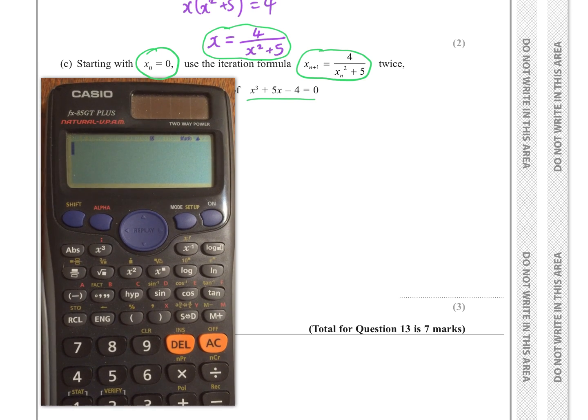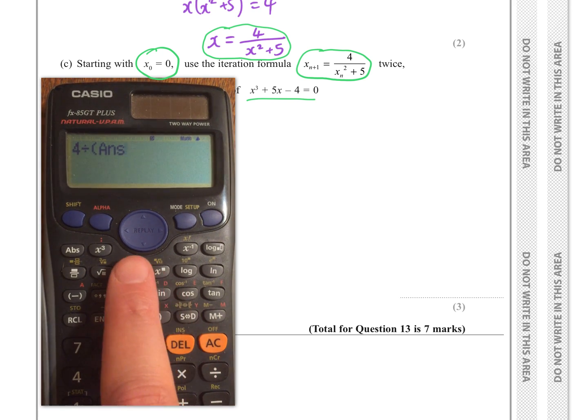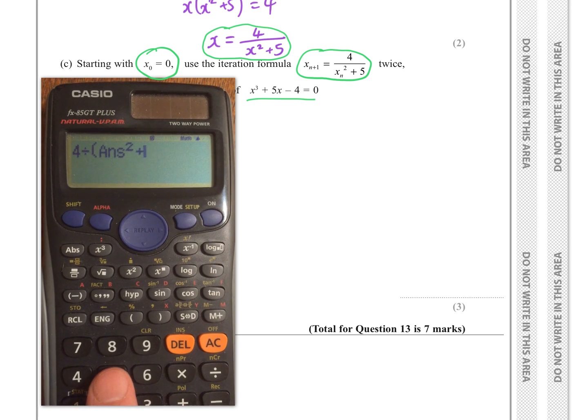So for this question, if we want to have our starting value as 0, you can do it quickly on your calculator. So you just type in 0 and press equals, and that means the last thing in the calculator's memory is 0, and that's what ANS will be. So we just do 4 divided by bracket, and then we just type in ANS, i.e. the 0 value, squared plus 5.